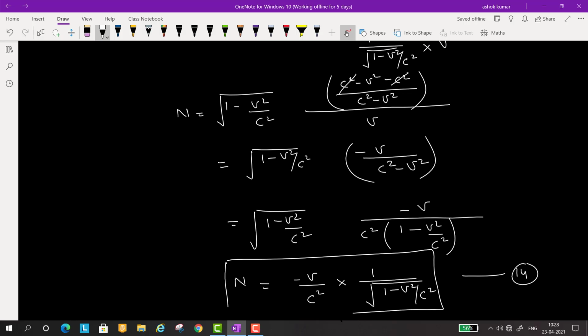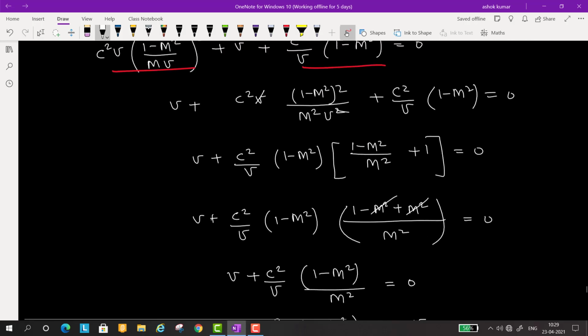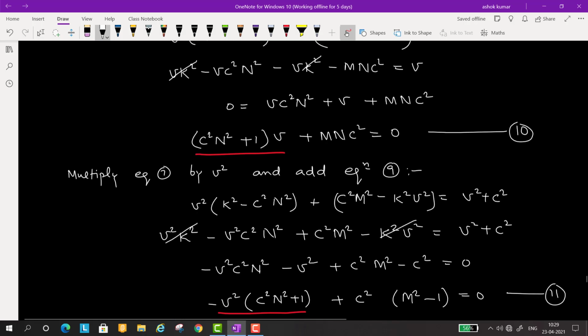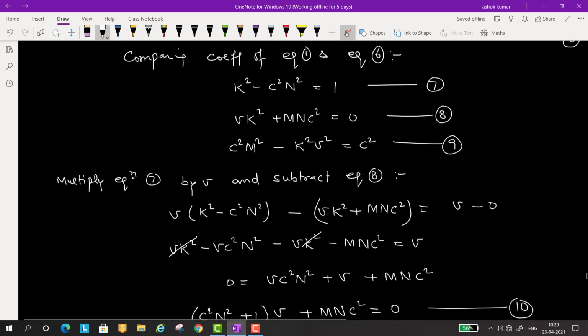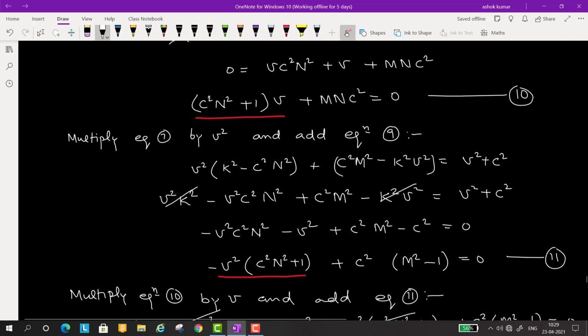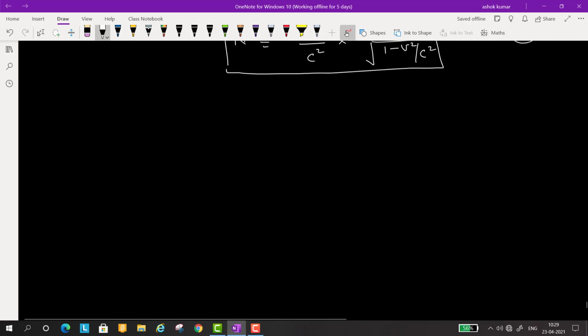So as we have started with three constants, m, n and k, we obtained the value of m and n. So now we will find the value of k. So k is in equation, now we have to search the equation. There are so many equations. It is in the 7th equation. Substitute the value of n in 7. So from 7, it is k square minus c square n square, it is 1.